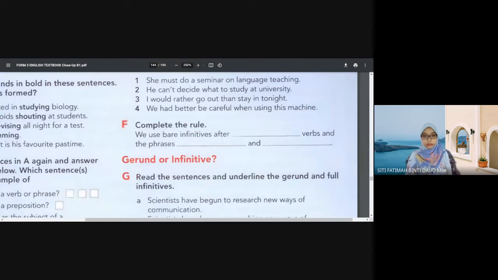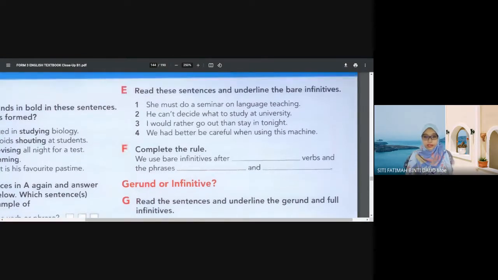Okay, so we use bare infinitives after modals. Modal verbs are must, can, should, would, will, have to, and the phrases would rather and had better.